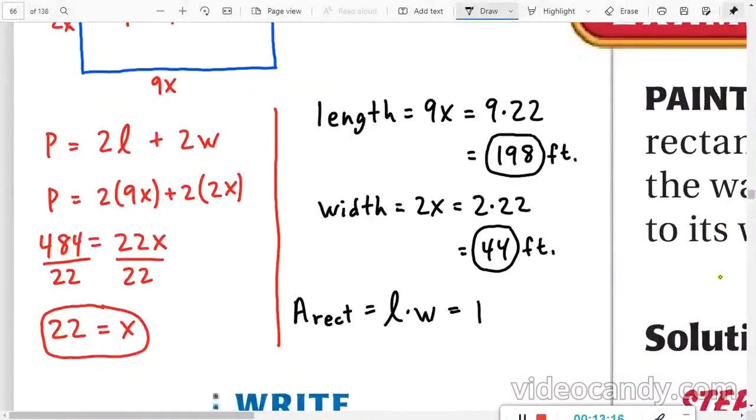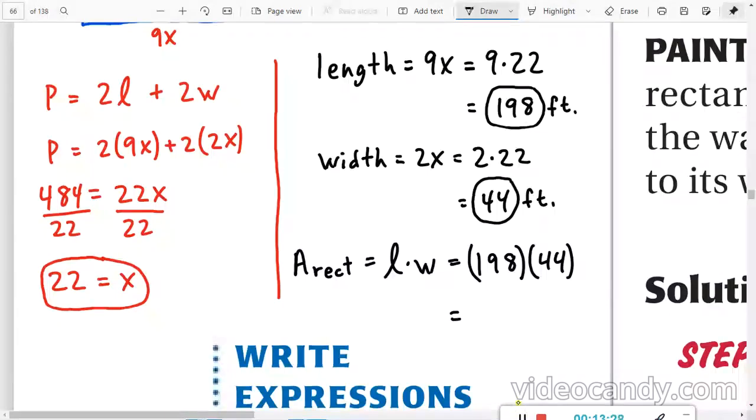So that's going to be 198 times 44. On the calculator, I get 8712. And since we did feet times feet, the units are going to be feet squared.